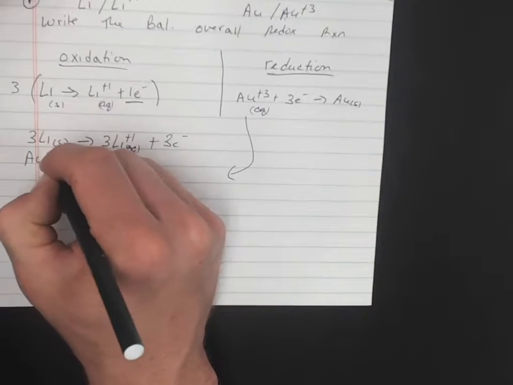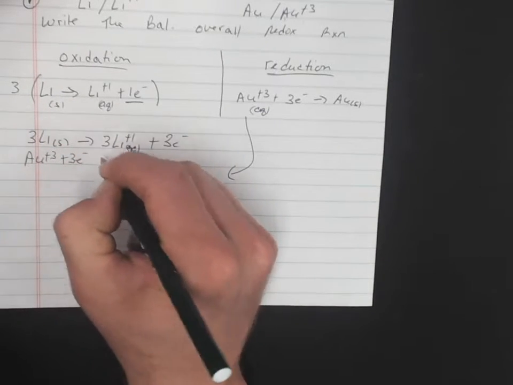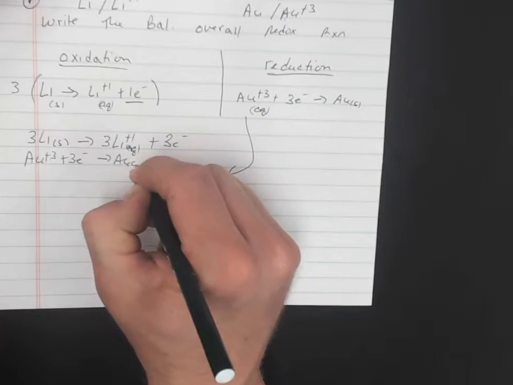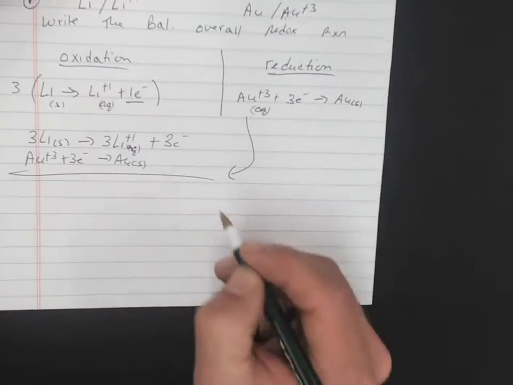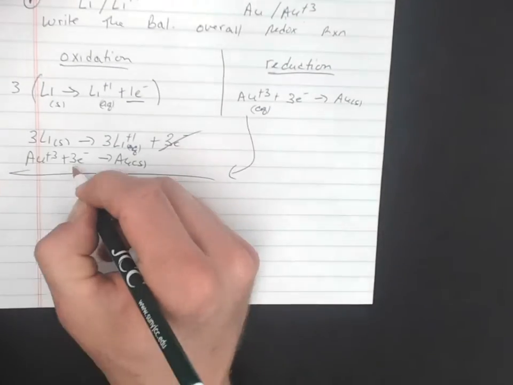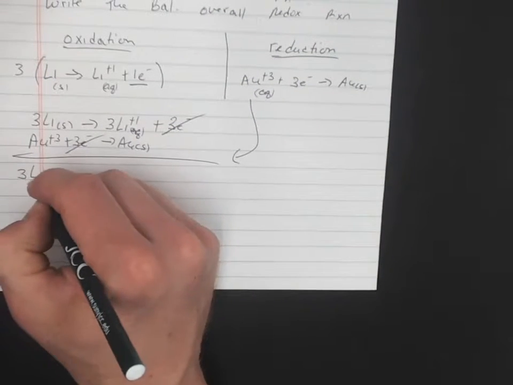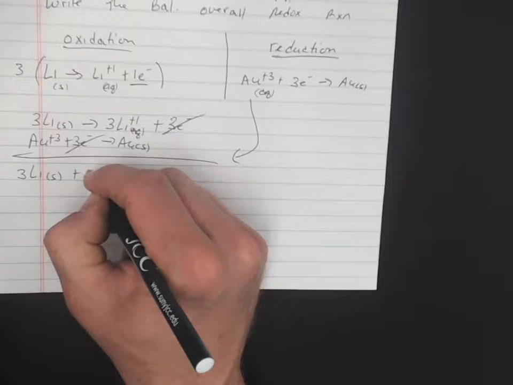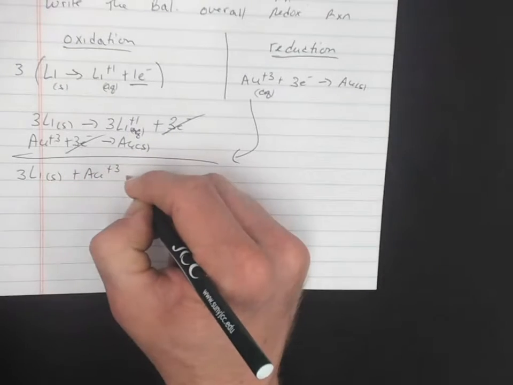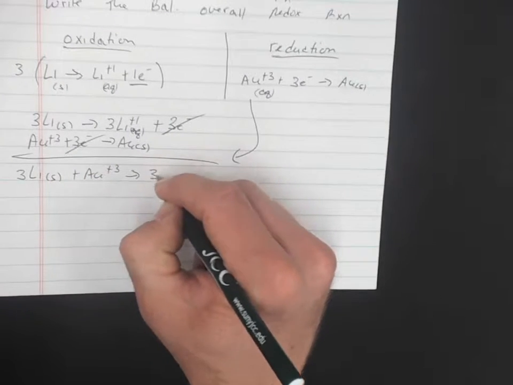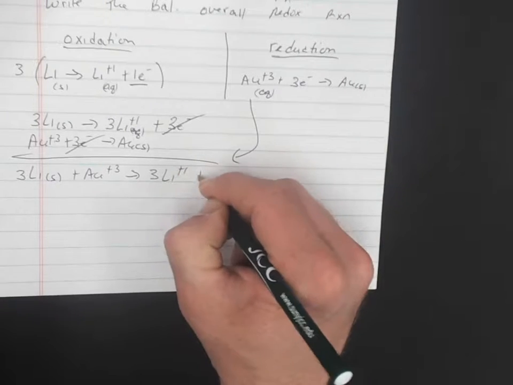So let's do so. Au 3 plus plus 3 electrons yields Au solid. What cancels? The 3 electrons. Very good. 3 electrons get crossed out, and now I can write my overall balanced equation, and we will check it at the end to make sure that it has conservation of mass and charge.